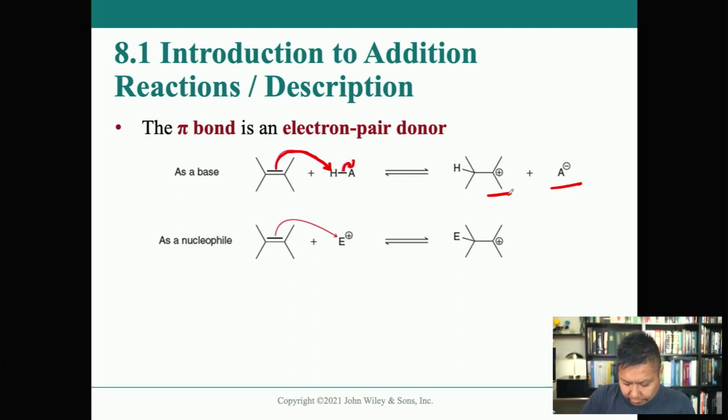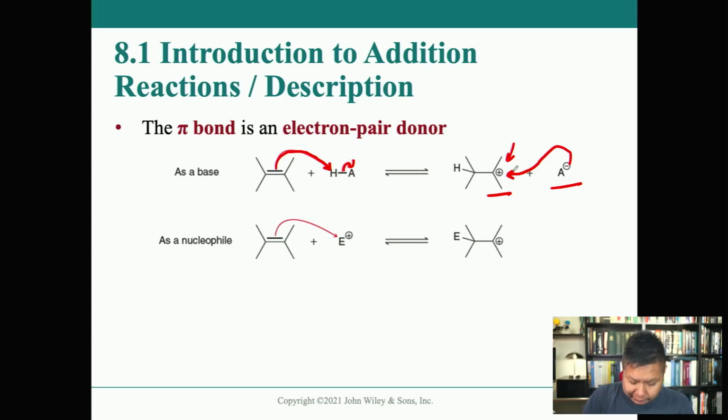Notice that it's a tertiary carbocation. And so then you can have the halide do a nucleophilic attack on the tertiary carbocation.